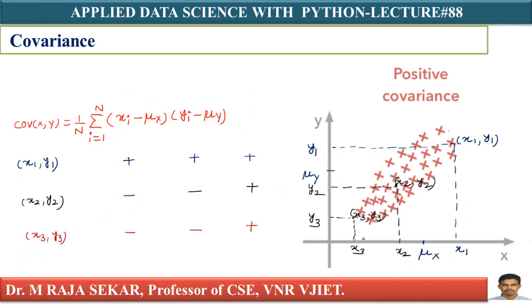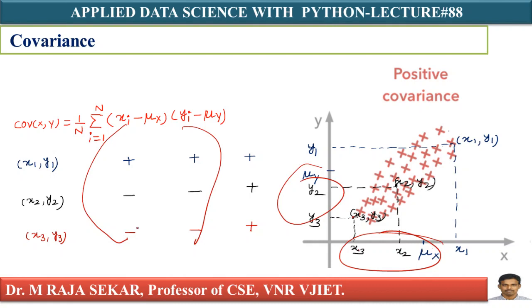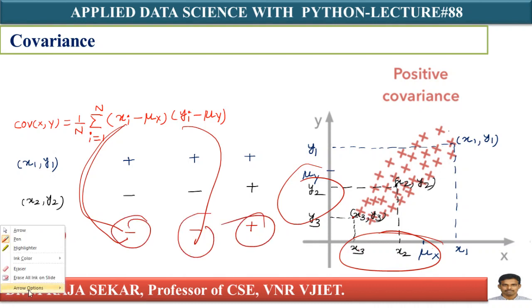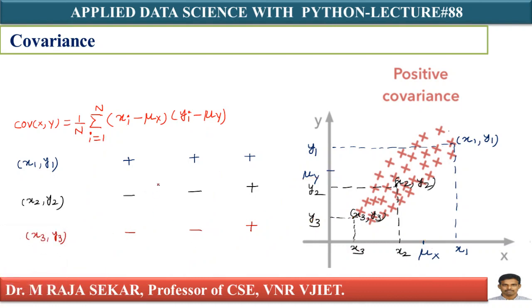If you take x3, y3, what happens? x3 minus mu of x, y3 minus mu of y. Sorry, this is negative. Why? Because x3 is smaller than mu of x, and y3 is smaller than mu of y. Negative into negative, you will get a positive value, isn't it? If you take any point on this pattern and calculate, you will get positive values.